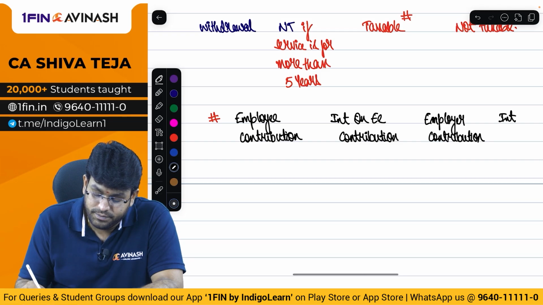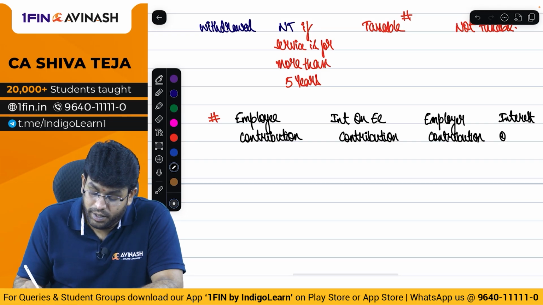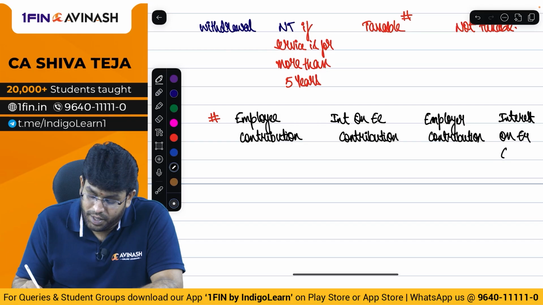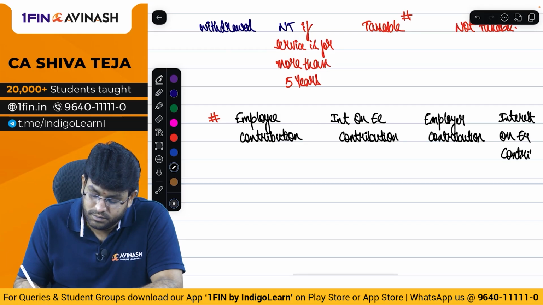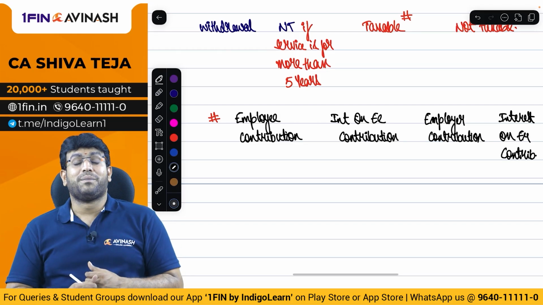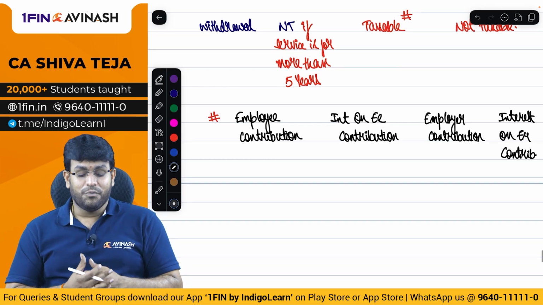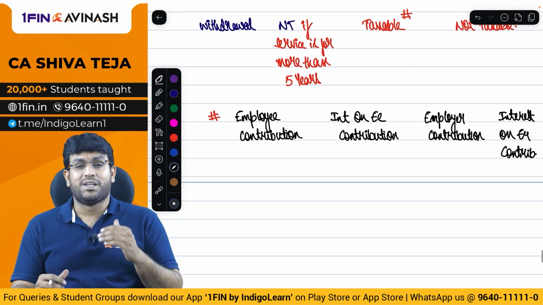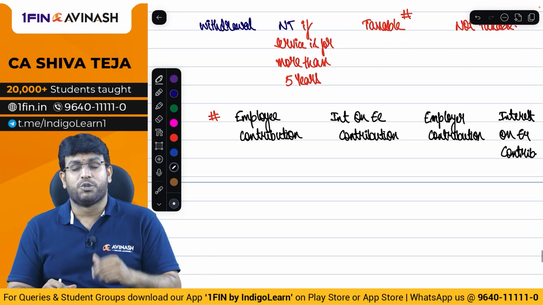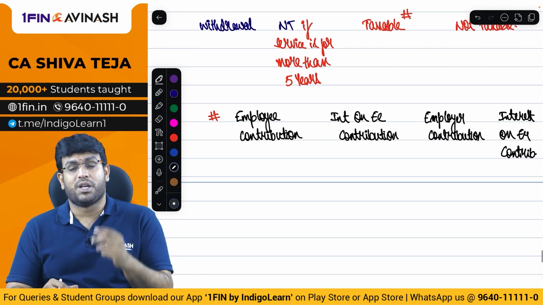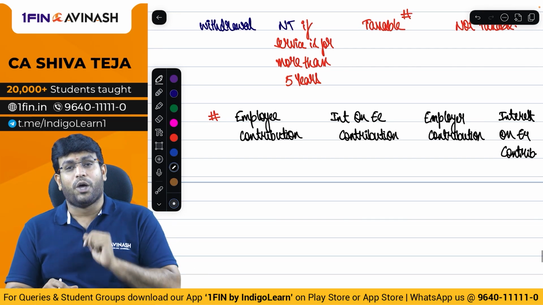Last one, interest on employer contribution. Understanding, my dear friends? So there are four components we get at the time of withdrawal. One is employee's own contribution. Second, interest on employee contribution. Next one, employer contribution. And the last one is interest on employer contribution.